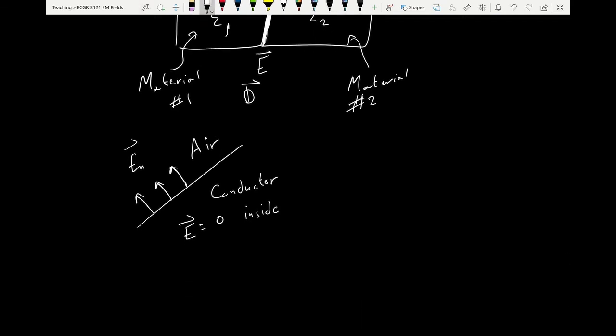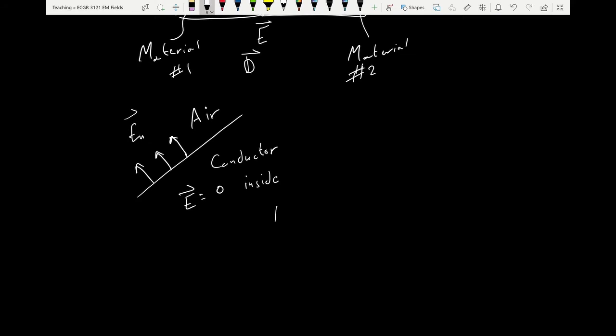Now we're going to discuss a more general problem, which is the case when we have an interface between two different dielectric materials. So those are the two questions we want to answer. We answered question 2 already, but we're going to summarize it.